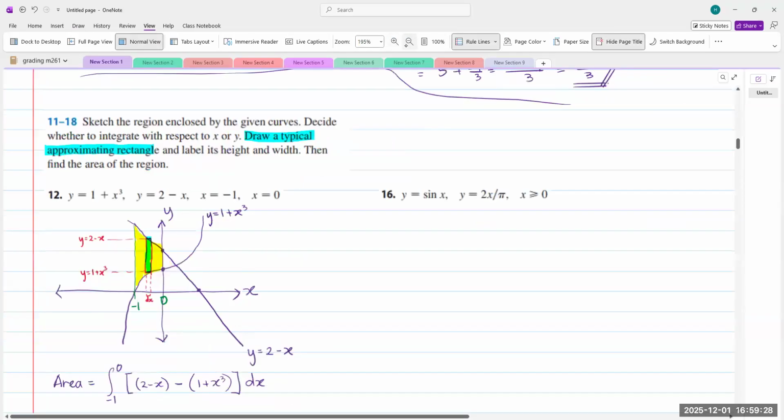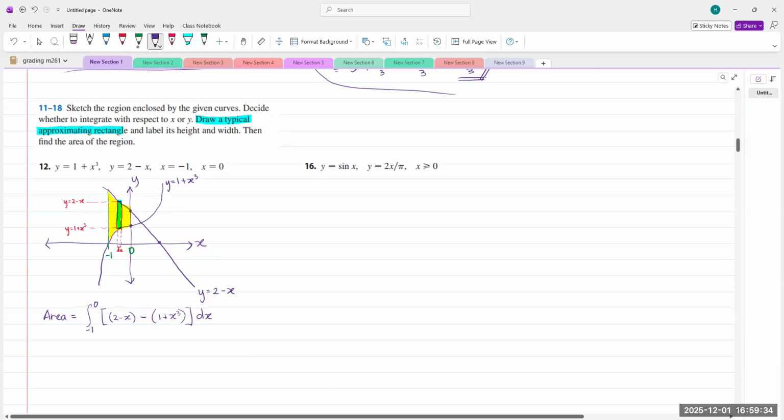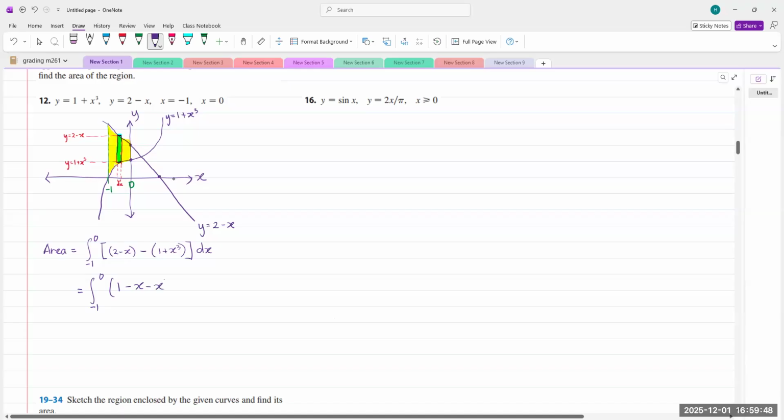Let me bring it back to our earlier one. Right now it becomes very small, right? But that's how we set up the integral: the top function minus the lower function. Let me combine like terms first. That will be 2 minus 1, that's 1, minus x cubed, dx.